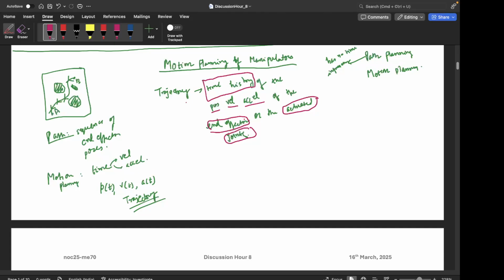And now this position, velocity, and acceleration can be specified for the end effector or for the actuated joints.